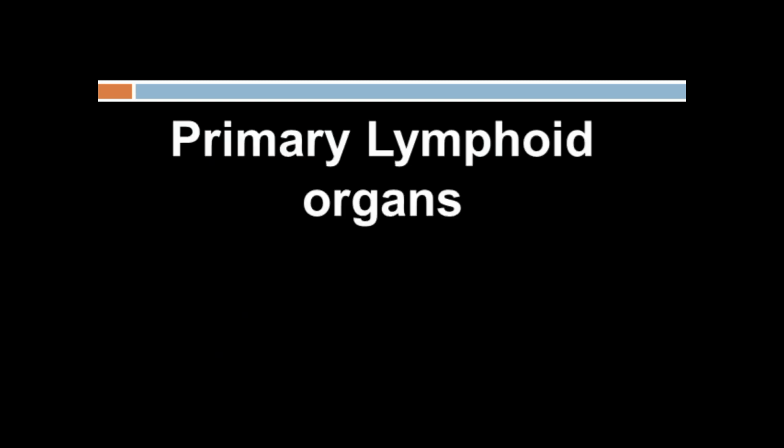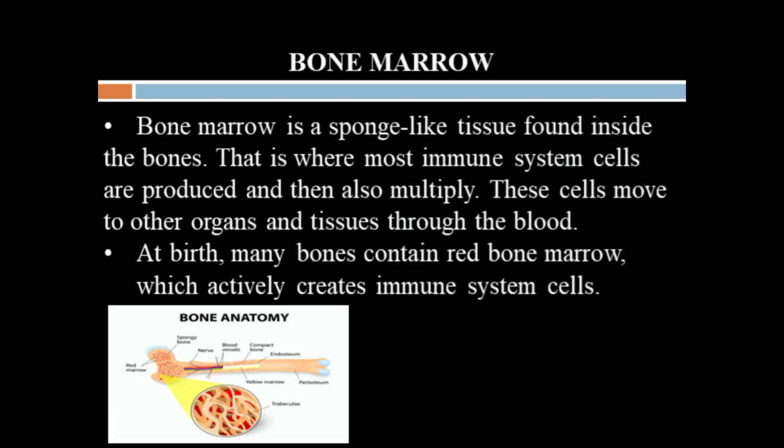And then first we will see about the lymphoid organs. One is bone marrow, right. The bone marrow is a sponge-like tissue inside the bones, where most of the immune cells are produced, multiplied, and also matured. These cells move to other organs and tissues through the blood.